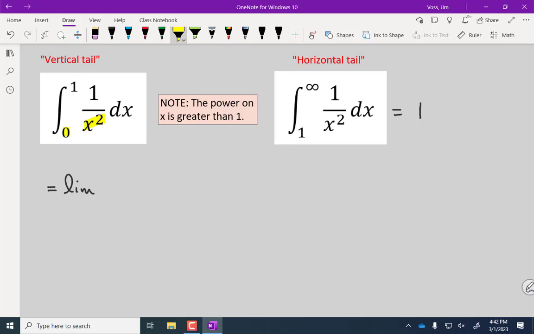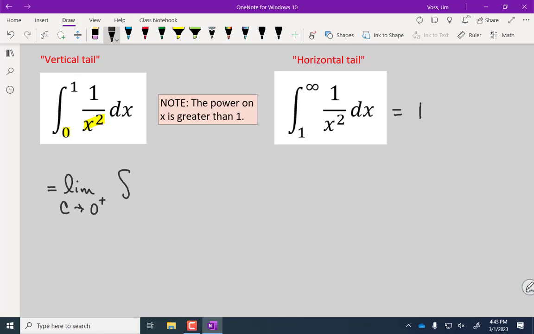So 0 is the bad endpoint. It's the endpoint we have to approach. So we're going to choose C, and it's going to approach 0 from which side? The right side. So if our interval is 0 to 1, we're approaching 0 from the right-hand side.